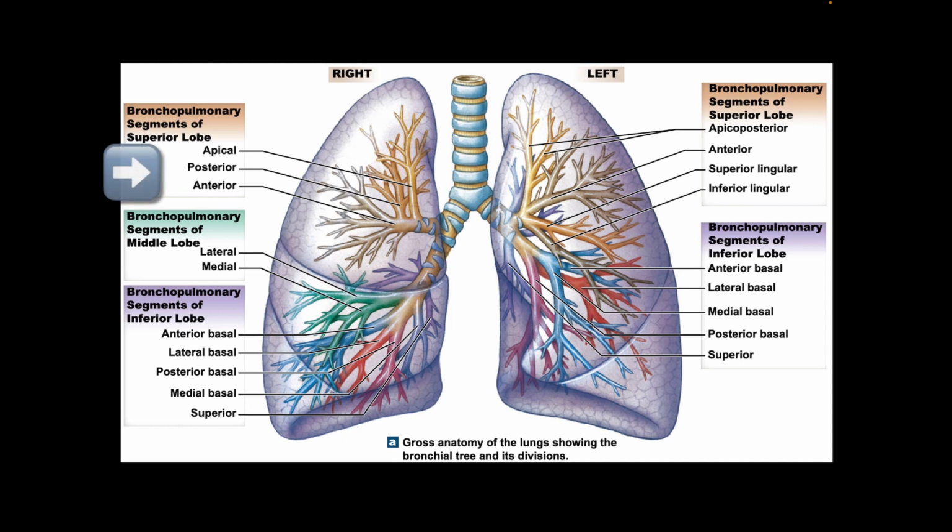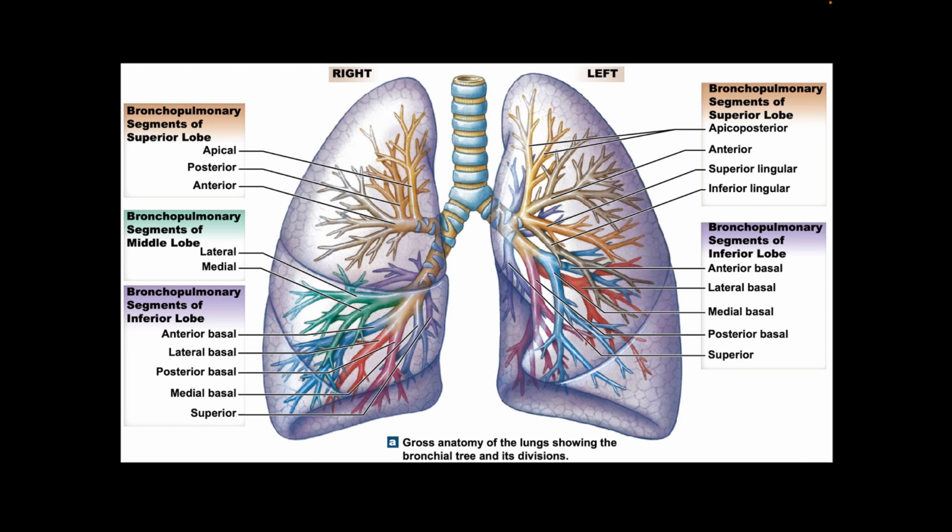As you can see on the superior lobe, there's an apical, posterior, and anterior. In the middle lobe, there is a medial and a lateral segment. And in the inferior lobe, there is a superior, anterior basal, posterior basal, and medial basal, as well as a lateral basal.